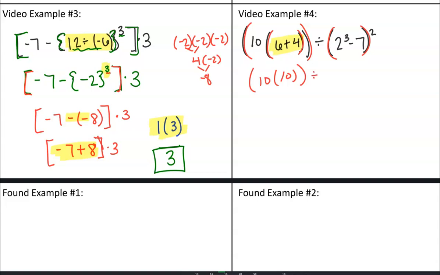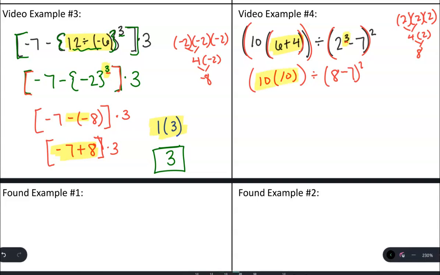Then inside of these parentheses, we have an exponent, so we're going to take care of the exponent first. Remember that exponents are repetitive multiplication of that base number. So 2 times 2 is 4, and 4 times 2 is 8. So we have 8 minus 7, and then notice you have an exponent out there.